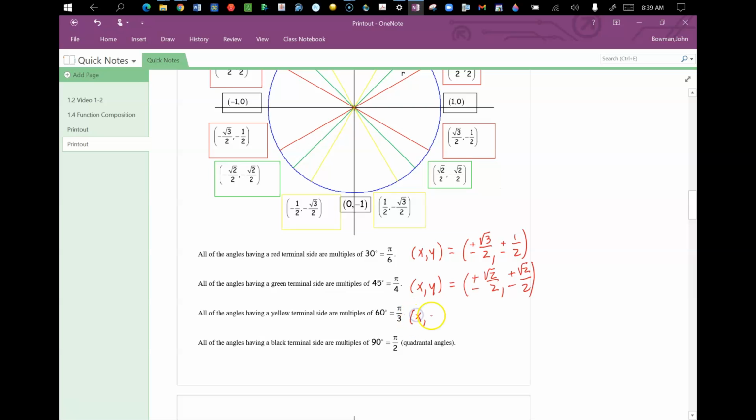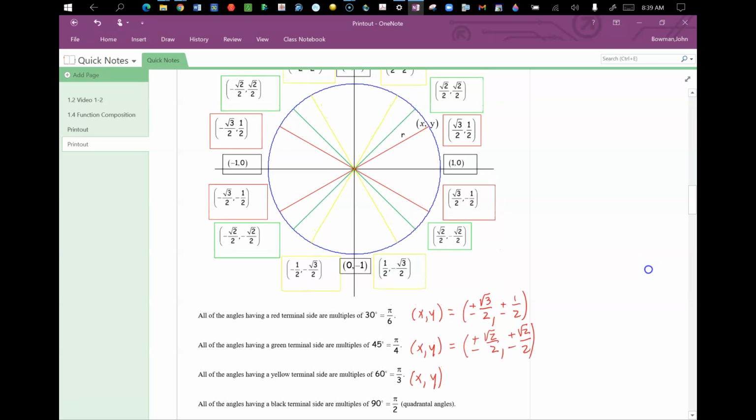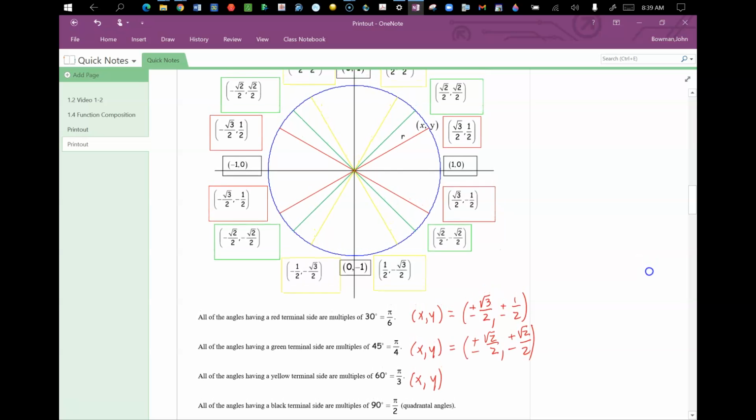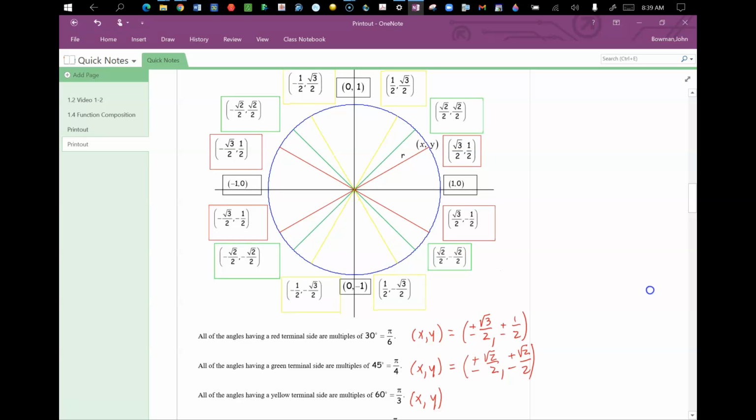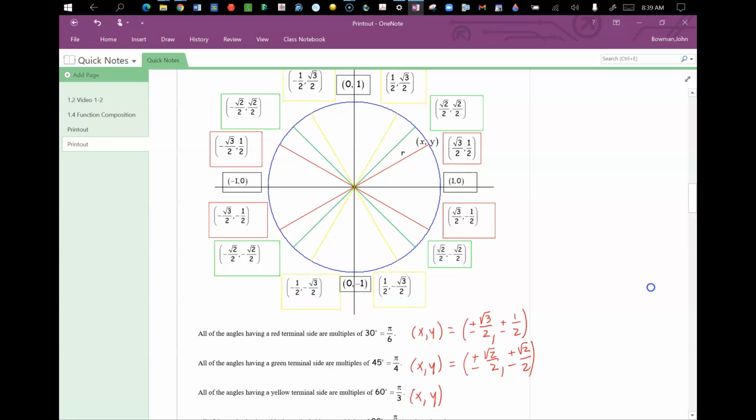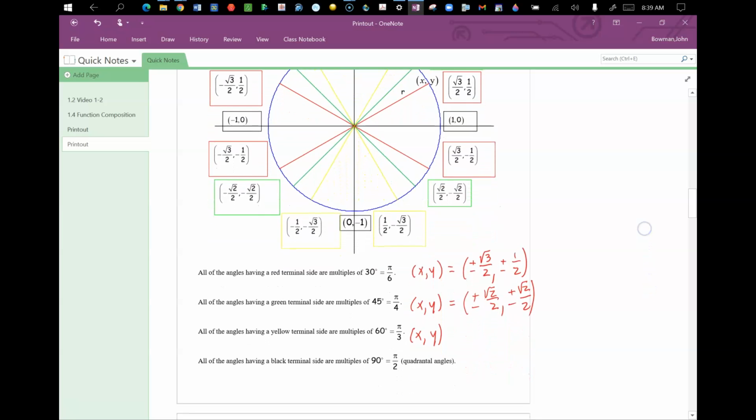Multiples of 60 or pi over 3, you will notice in our diagram, are color-coded in yellow, and the x coordinates for all of those are either plus or minus 1/2, and the y coordinates are either plus or minus root 3 over 2.